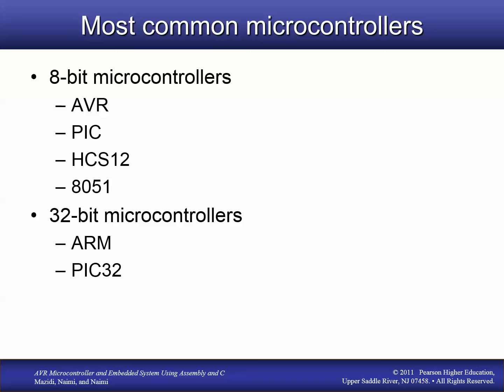There are different reasons to use these various ones. We're going to use the AVR microcontroller mainly because of the C compiler. It's as close to a standard C compiler as possible, and it's free. Another popular one is PIC. 8051 is sort of the old standard in microcontrollers, and lots of courses are built around the 8051.